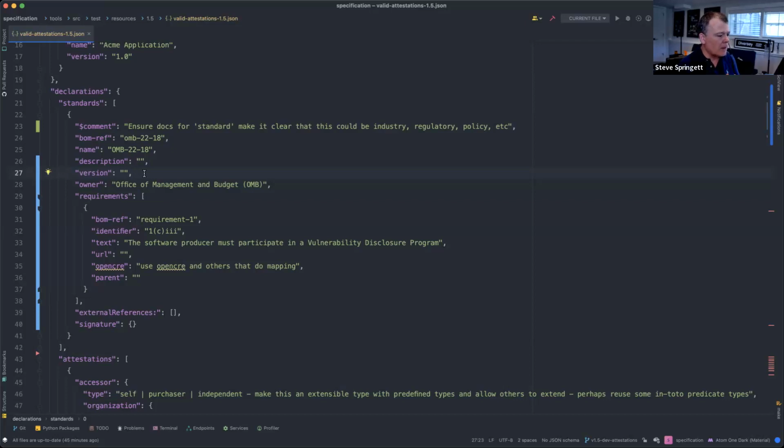I was thinking about registering one specific for Dublin Core. That way, when it comes to documents, you can use all of Dublin Core already within the context of CycloneDX, which would be really interesting. That way, you wouldn't have to recreate the wheel in terms of things like authorship and things like that.